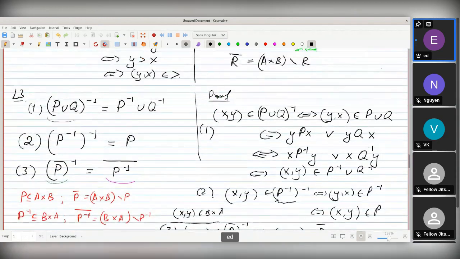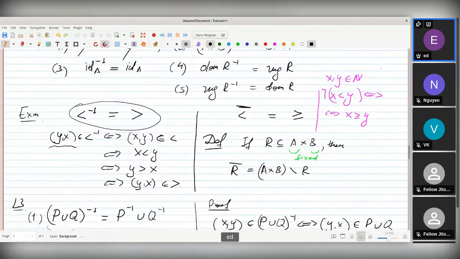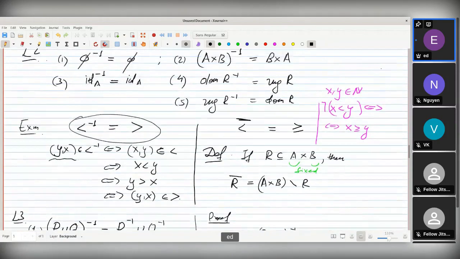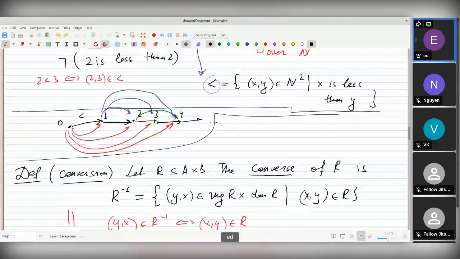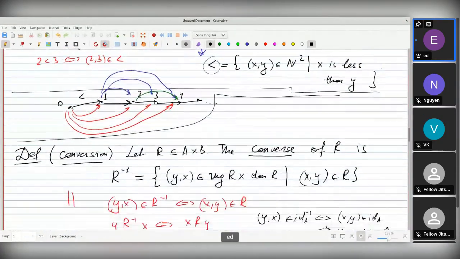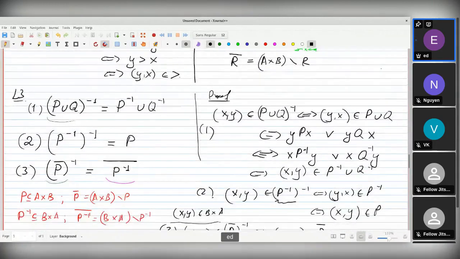So we see that considering predicates as binary relations, as sets, we are now able to apply various operations to these sets, to these predicates.